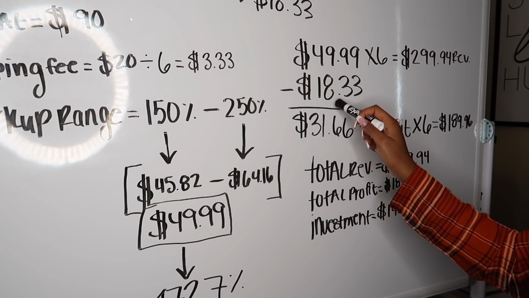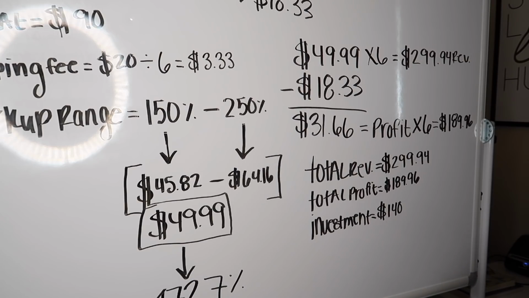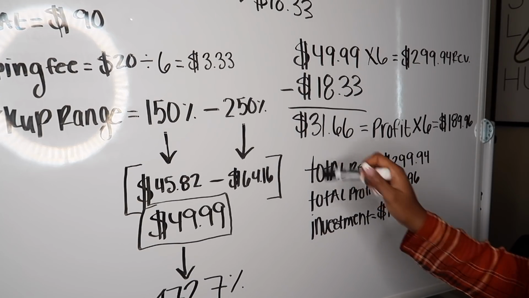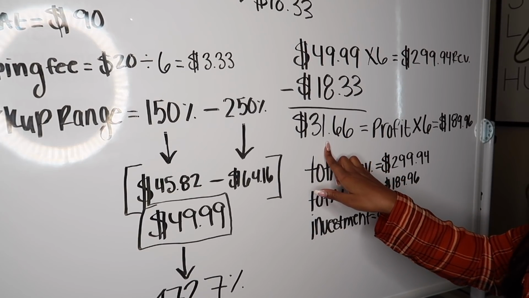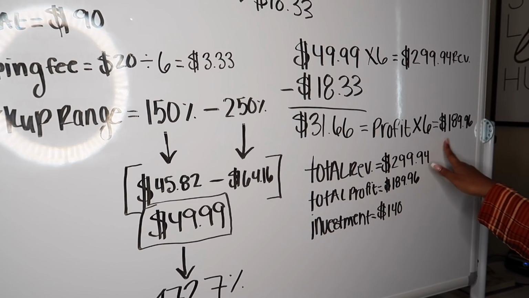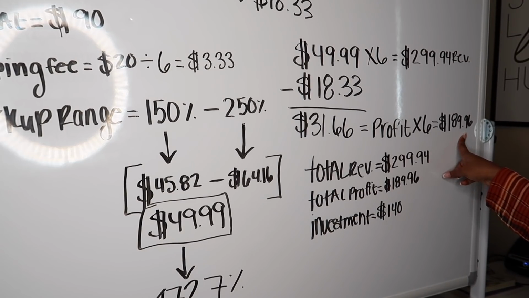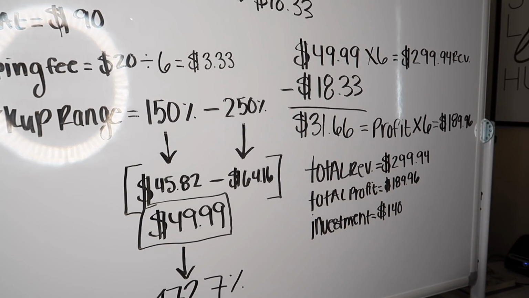We're going to subtract $18.33 in order for us to figure out the profit per item, which gave us a profit of $31.66 per piece, which is a pretty decent profit. So we're going to times that also by 6 in order for us to go through and get our overall total profit of $189.96. Our initial investment was $140.